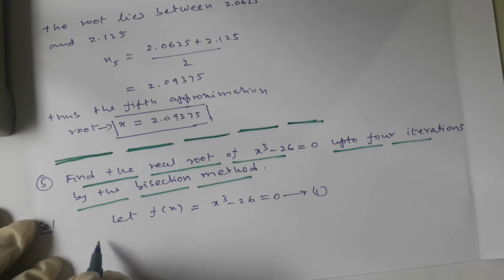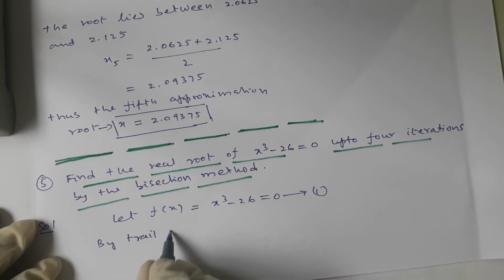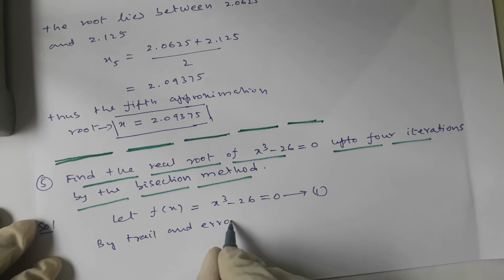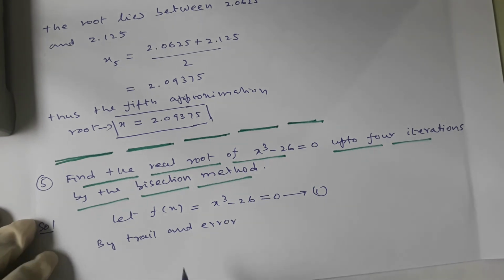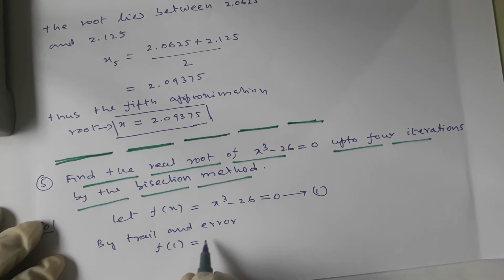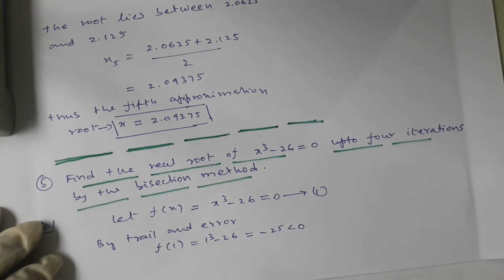As the interval is not given, by trial and error, f of 1 is equal to 1 cube minus 26, which is minus 25, less than 0. f of 2 is equal to 2 cube minus 26, again less than 0. f of 3 is equal to 3 cube minus 26 is equal to 1, greater than 0.